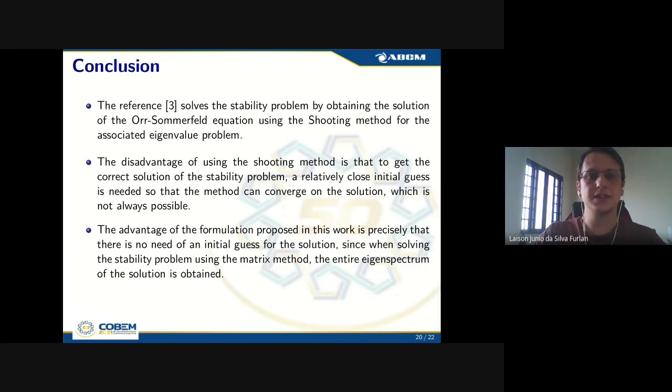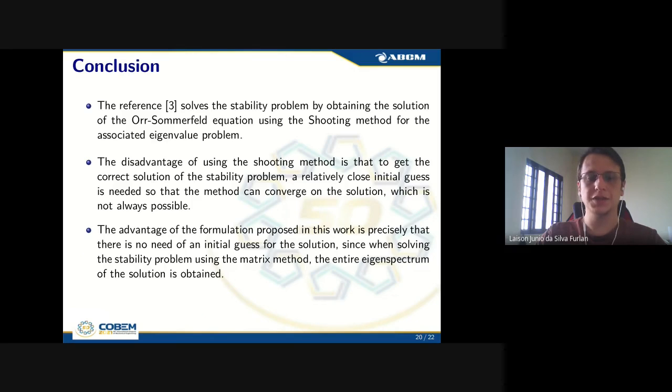The results presented in the reference were taken by solving the Orr-Sommerfeld equation using the shooting method for the eigenvalue problem. The disadvantage of using this method is that to get the correct results, it is necessary to use a relatively close initial guess so that the method can converge to the right solution.